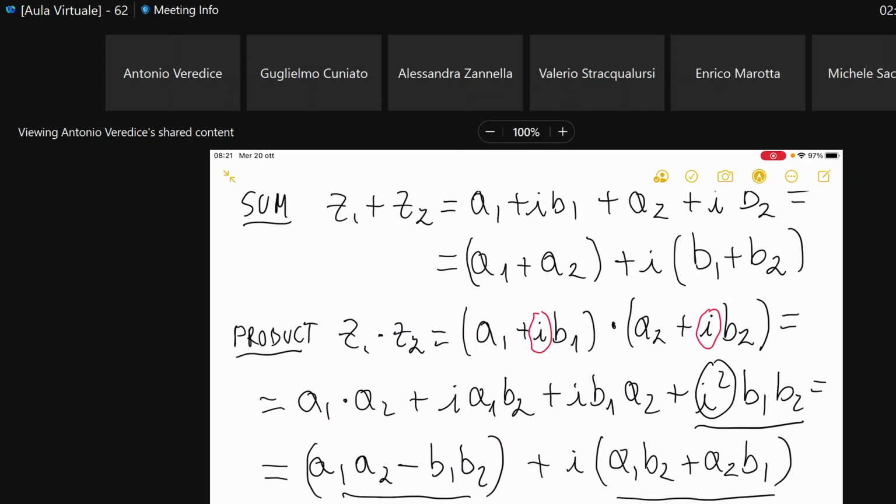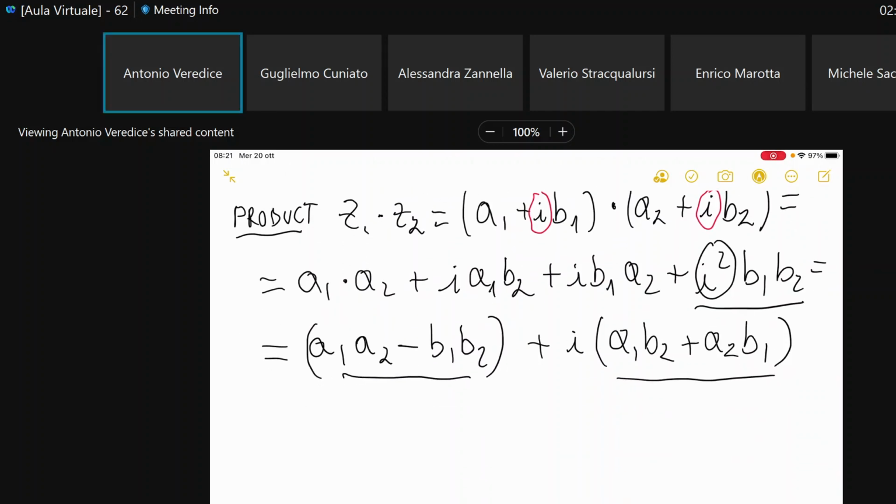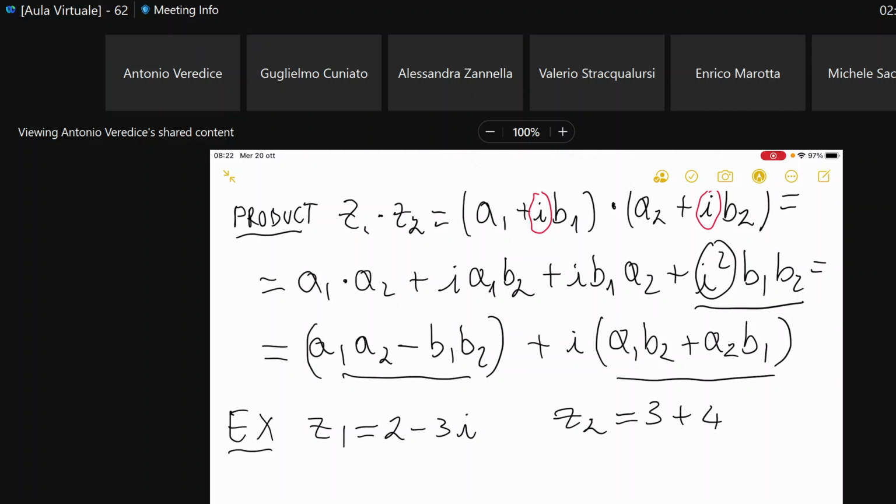Just to check, try it by yourself with a couple of exercises. Z1 is 2 minus 3i, and Z2 is 3 plus 4i. Try to compute Z1 plus Z2 and Z1 times Z2.